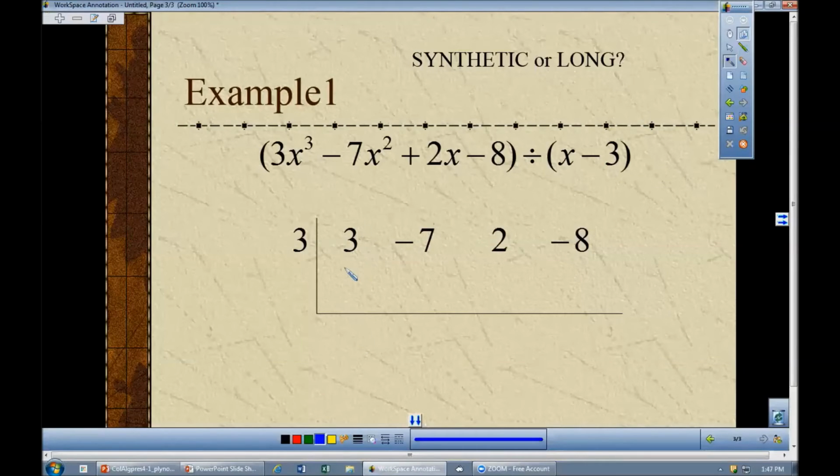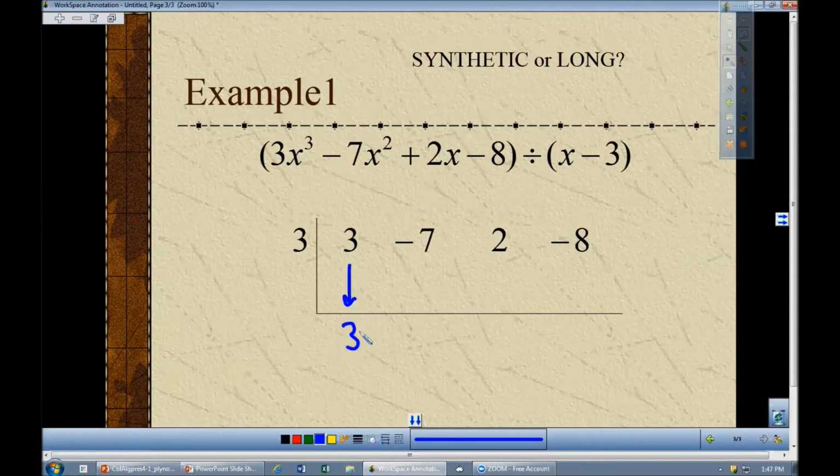When I go down, I add. 3 plus 0, because there's nothing to add, is 3. When I go diagonal, I multiply. 3 times the 3 up here is 9. When I go down, I add. Negative 7 plus 9 is 2.